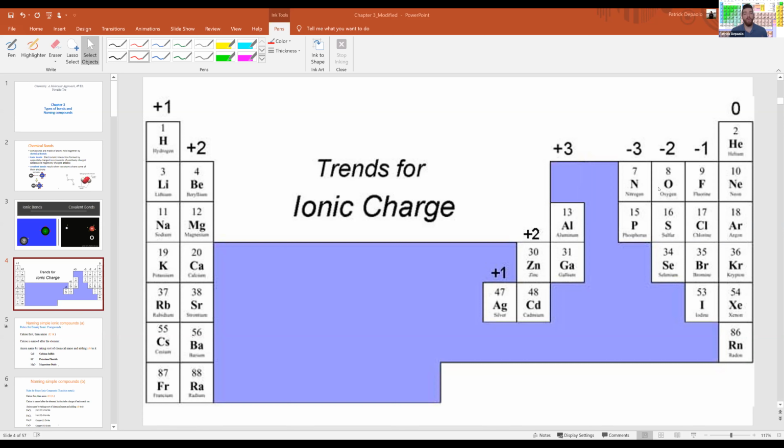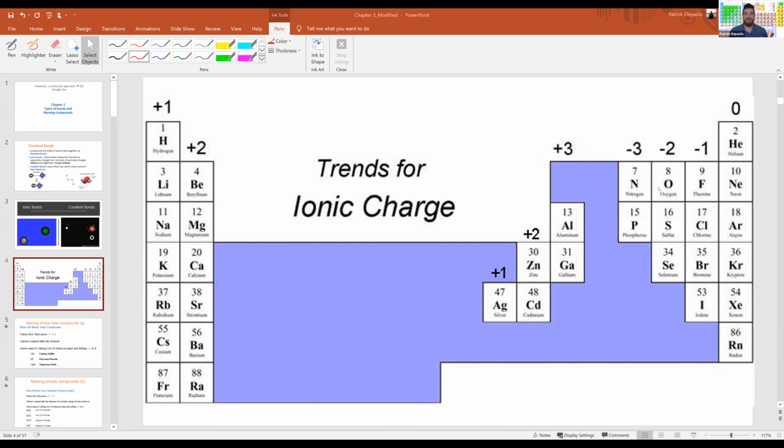They need 2 more to get to 8, so they become -2 charged. Same for nitrogen and phosphorus. Nitrogen is -3 because it has 5 valence electrons. It's in 5A, so once it gains 3 other valence electrons from metal atoms, it gets a -3 charge.